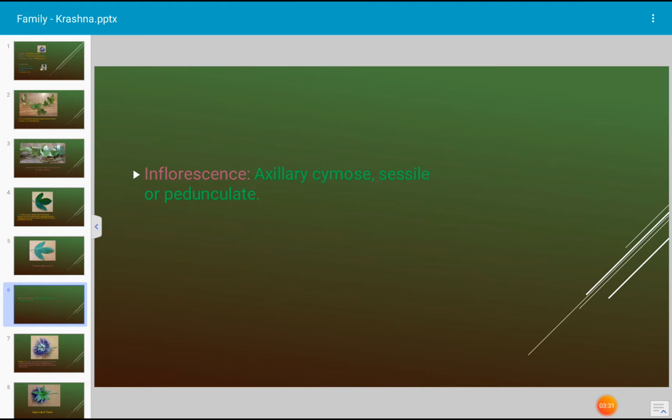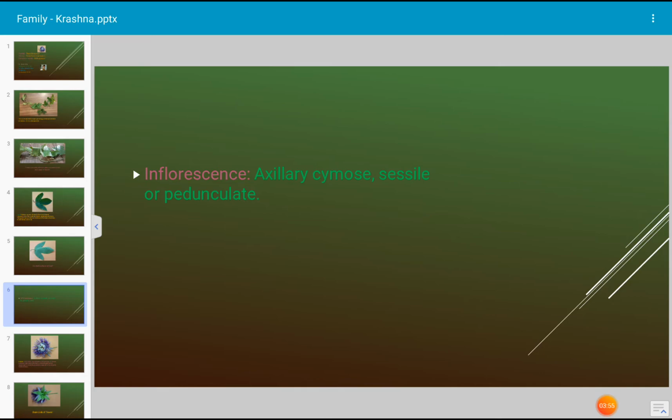In the axillary cymose type of inflorescence, the axillary bud develops into a flowering shoot, and the flowering shoot consists of older flowers at the top and younger flowers at the basal region. Such an arrangement is described as a cymose type of inflorescence or axillary cymose.